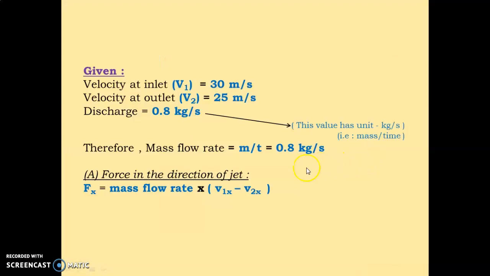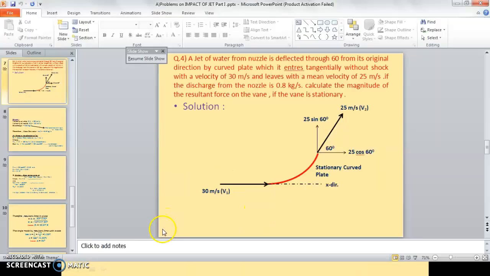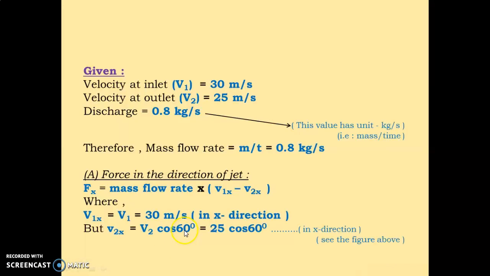Okay, so initial velocity is 30 meter per second and final velocity is 25 cos 60°. Okay, so this 25 cos 60° is 12.5 meter per second. So Fx is equal to 0.8 bracket 30 minus 12.5.